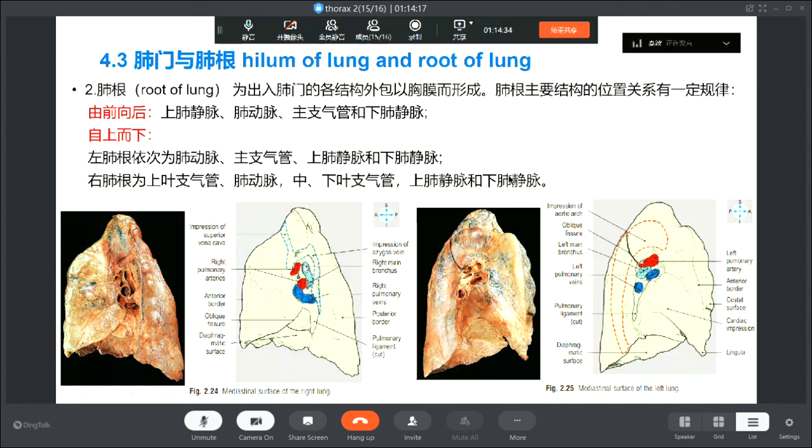This red part is the right pulmonary artery, and this is the right pulmonary vein, and this is the right main bronchus. Then this picture shows the mediastinal surface of the left lung, and this part is the left pulmonary artery, and this part is the left pulmonary vein.